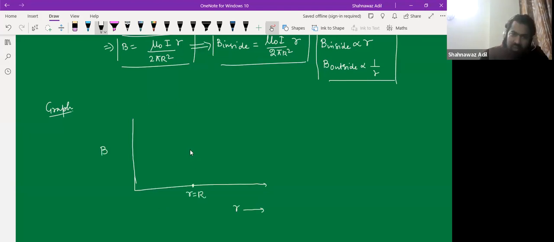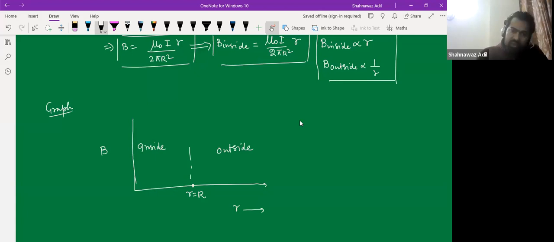So this region is the inside region, and this region is the outside region, because this region is less than R and this region is greater than R, right, Arslan?